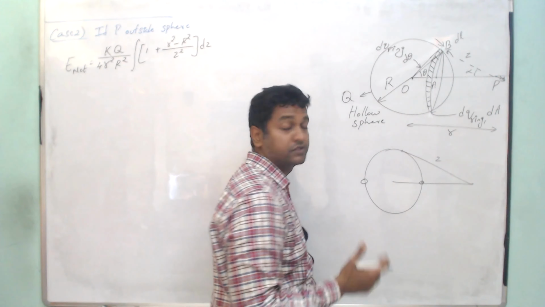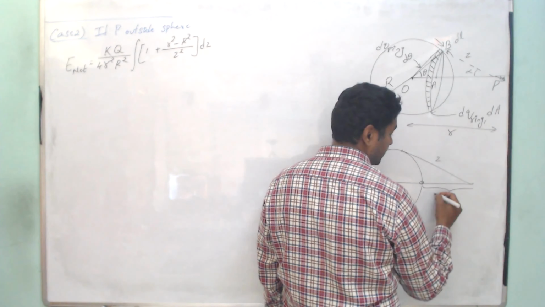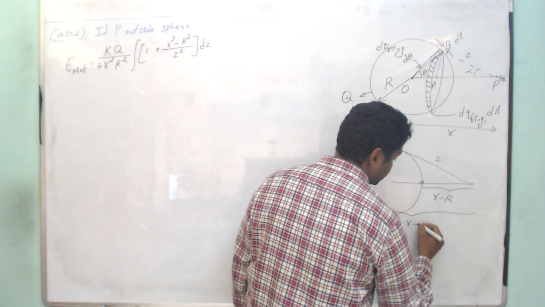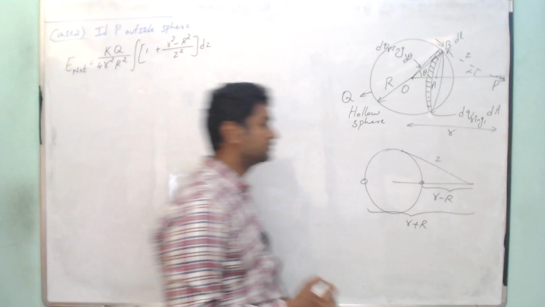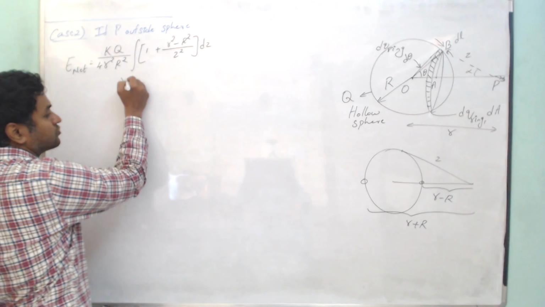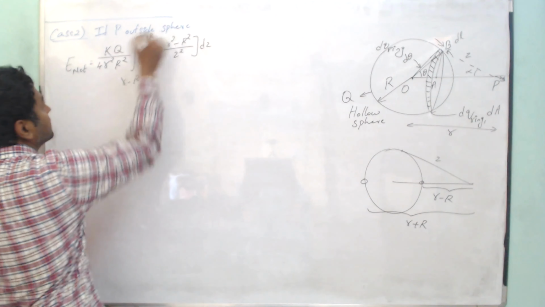The farthest point is going to be this point. For the closest point, I will have small r minus capital R. For the farthest point, I will have small r plus capital R. So my integration will be from small r minus capital R to small r plus capital R.